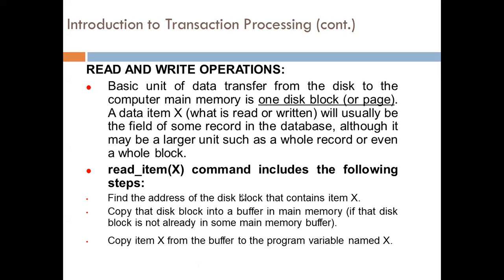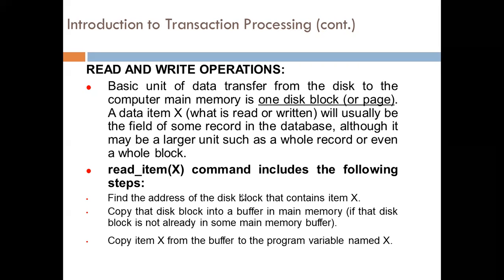If we are reading from a disk, the first thing is to find the address of the disk block that contains the object X. Once the block is identified, copy that disk block into a buffer in main memory.